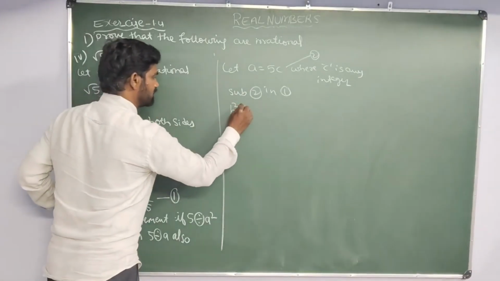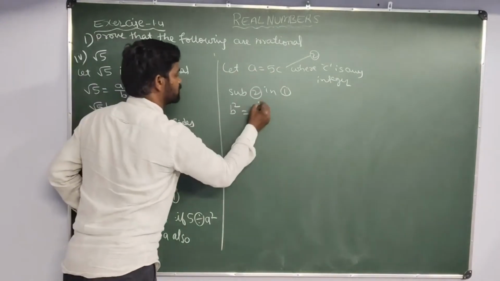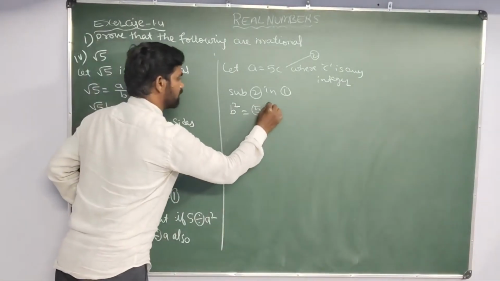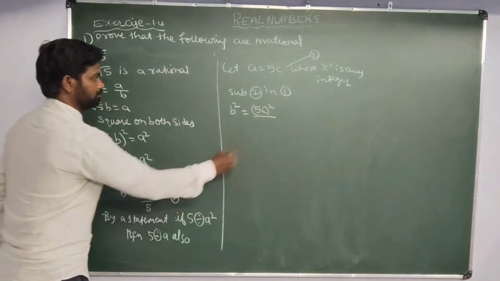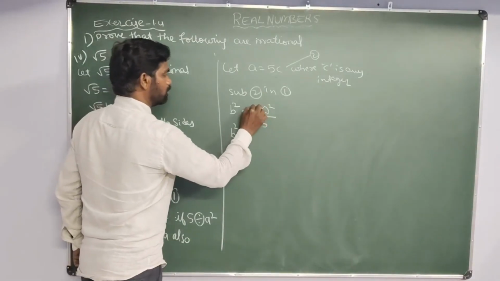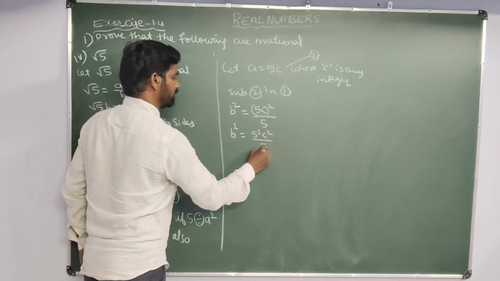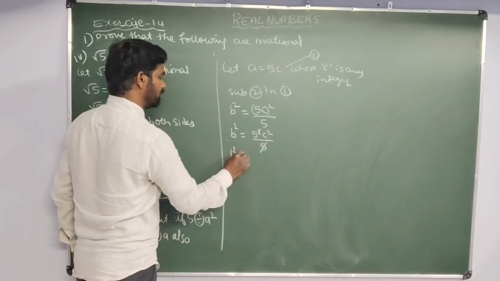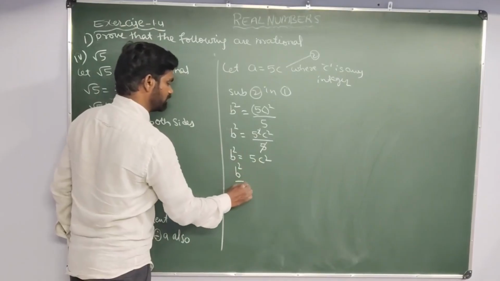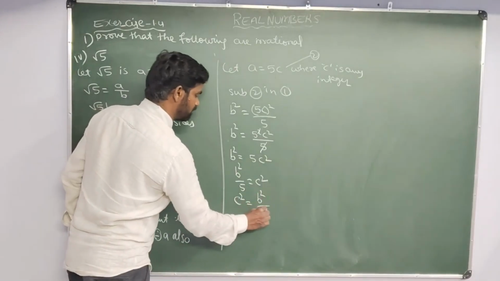So b square is equal to a square, and instead of a we write 5c, squared, then divided by 5. So b square is equal to 5 square c square divided by 5. One 5 and one 5 get cancelled. So b square is equal to 5c square, or b square by 5 is equal to c square, or simply c square is equal to b square by 5.